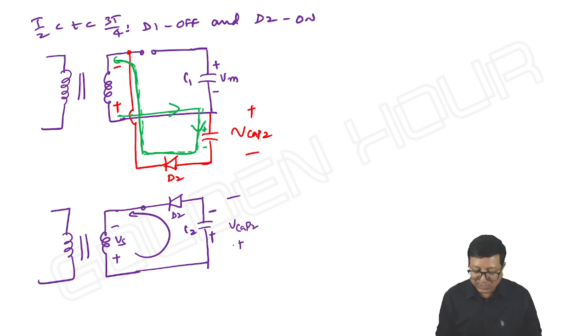So to what level will it charge? Once the diode is on, the capacitor will rapidly charge towards the peak amplitude of the input. So V capacitor 2 at t is equal to, once the diode is on, C2 will charge towards the peak amplitude of the input, the negative peak only.